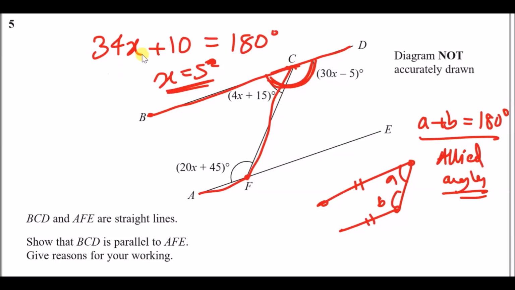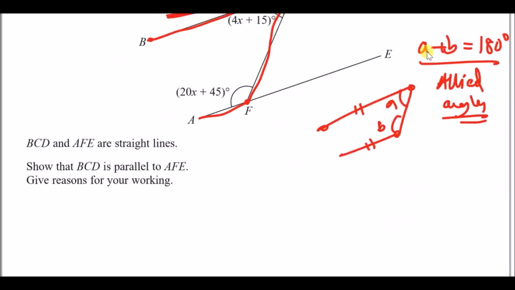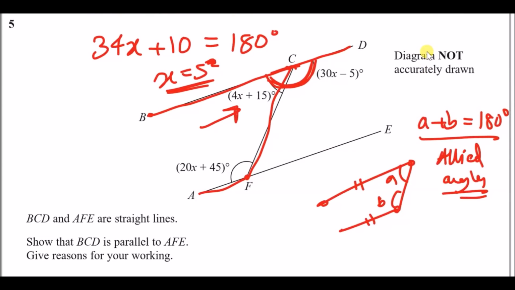Now what does this mean? If you plug in x equals 5 to these two angles here, and they add up to 180 in the end, then you've done it. Using the same x value, if you get 180, you've proven it. So let's test the theory. Let's plug in x equals 5 to both angles. So 4 times 5 plus 15 gives 35 degrees.